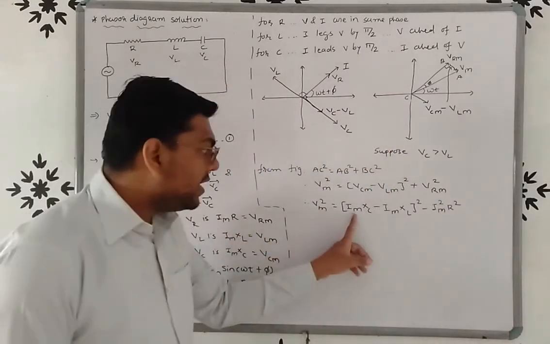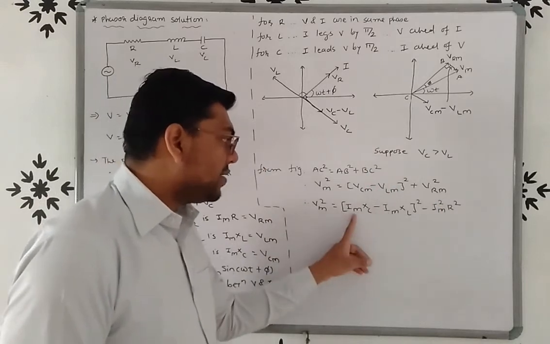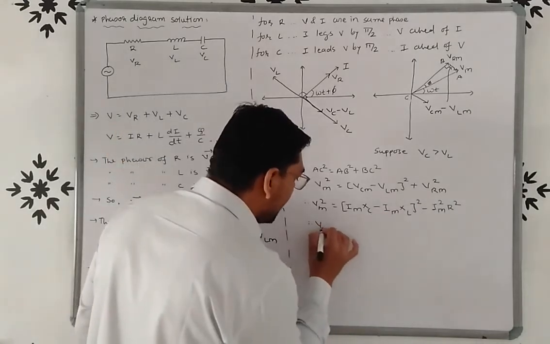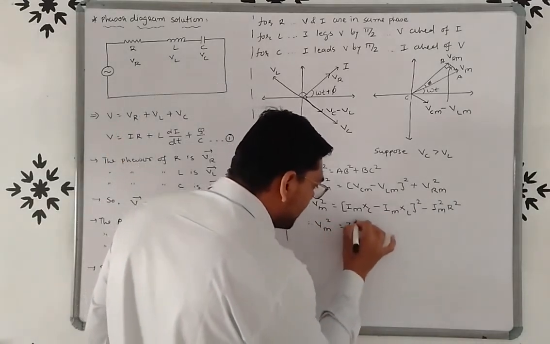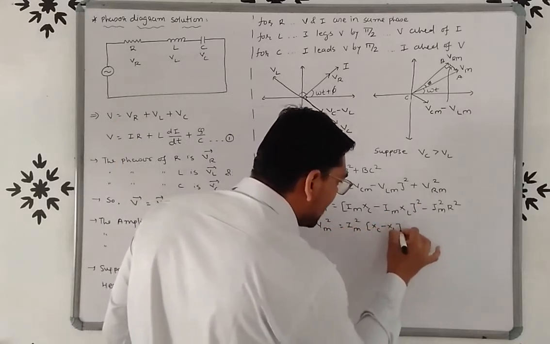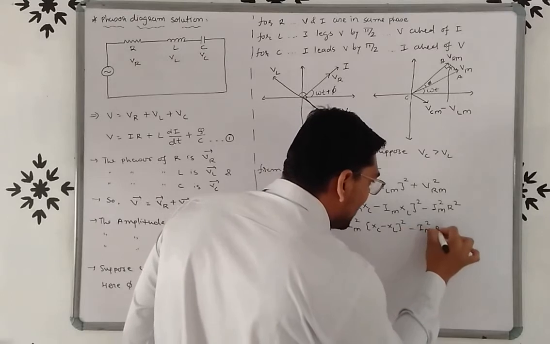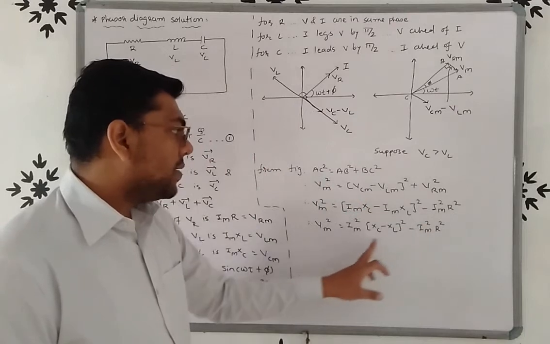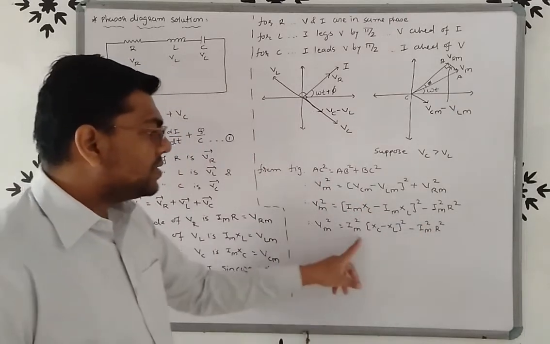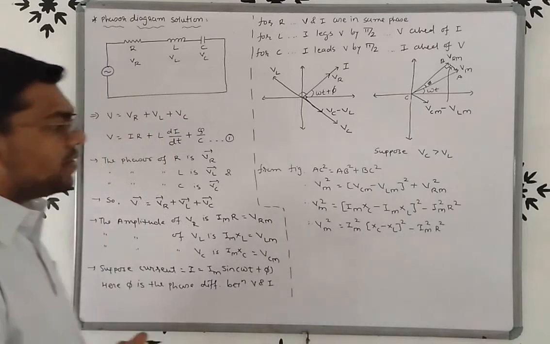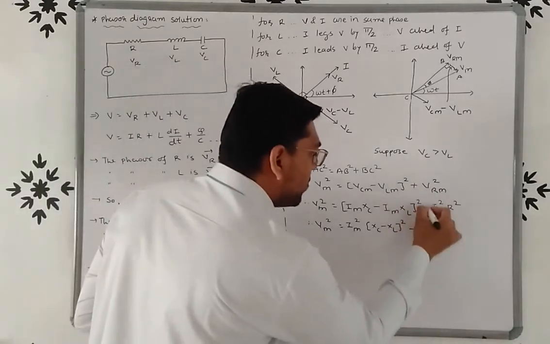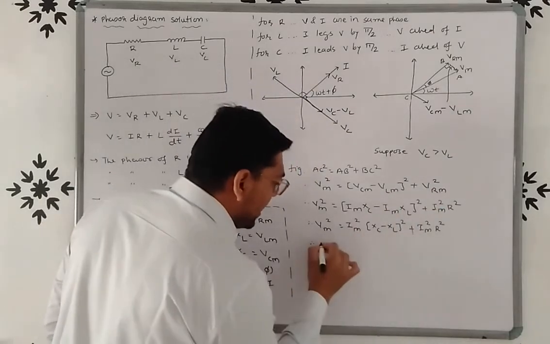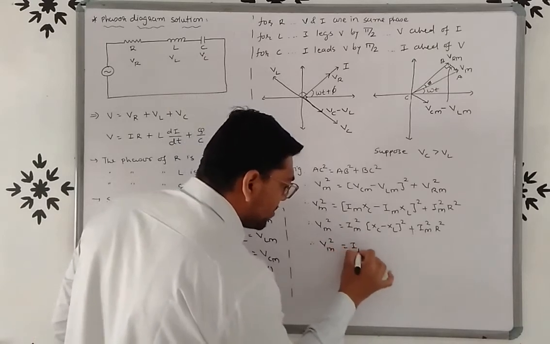Here we can take Im square common, so Im square times XC minus XL whole square, plus Im square R square. Right, so Vm square is equals to Im square common.